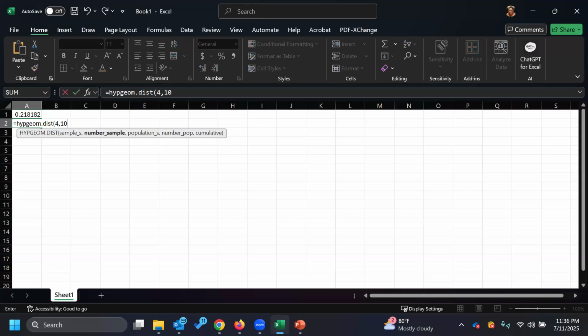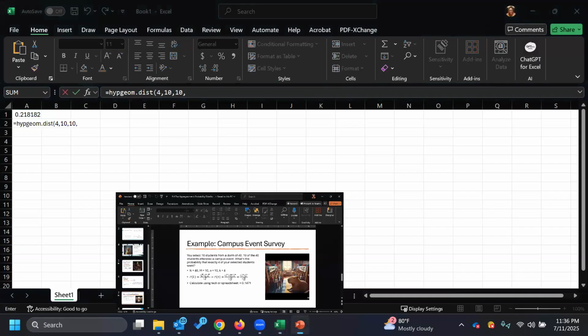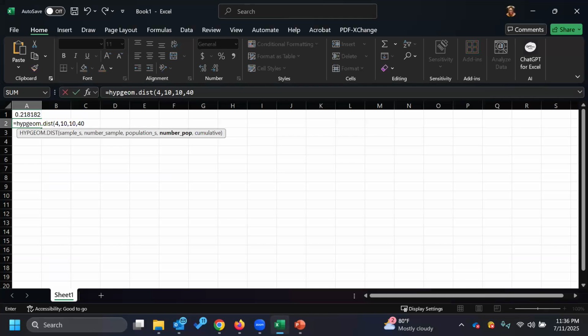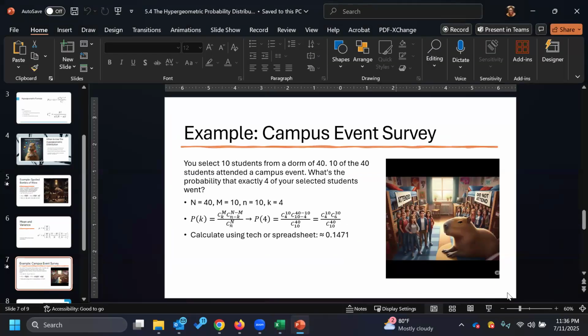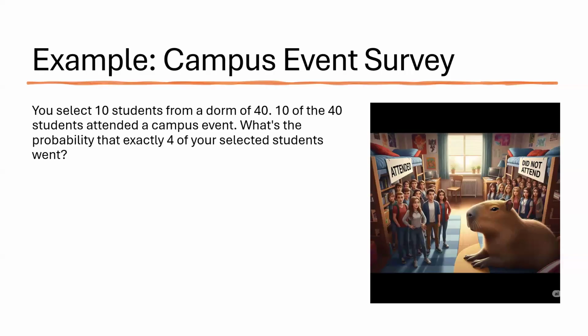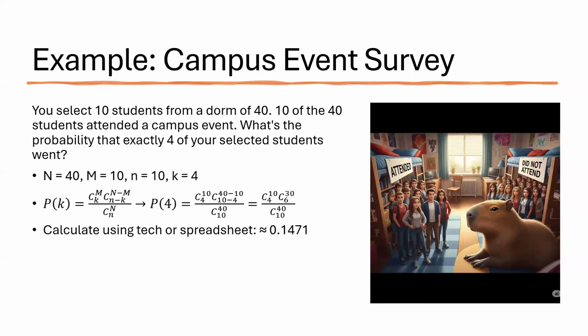Little n is 10, capital M is 10, and then capital N is 40, and we are not doing cumulative, so again, we're going to do false. 0.147, which is exactly what we found on the slide here. So there's about a 15% chance that 4 of the selected students went to the event. This kind of probability model is useful in predicting responses and planning sampling strategy.